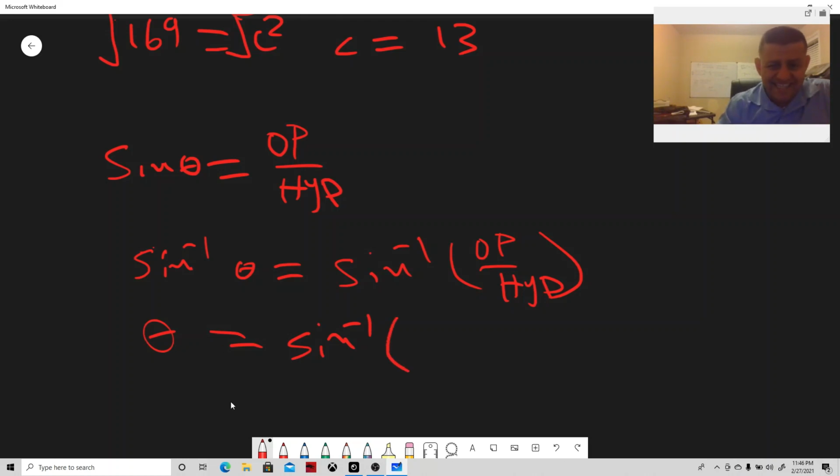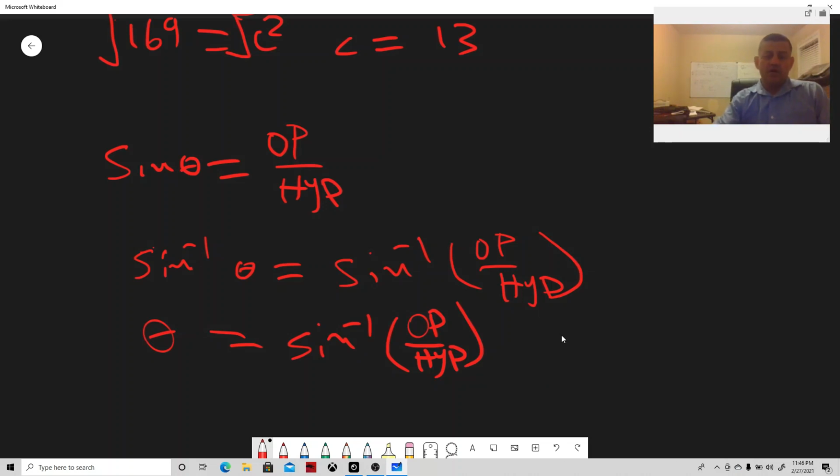And notice that this is not sine to the -1. No, it's just the inverse. So now we have the formula.